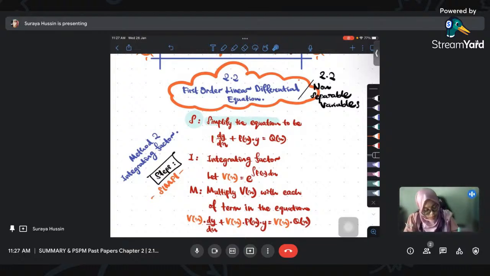You have to make sure that for the SIMPI method, the first step must be coefficient 1. I think you should all highlight it, because sometimes everyone doesn't realize that we need to simplify first to get a single dy dx. That is the first step for non-separable.